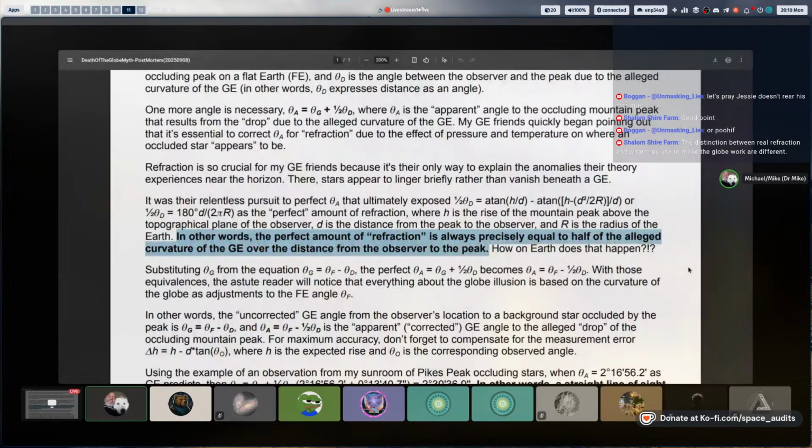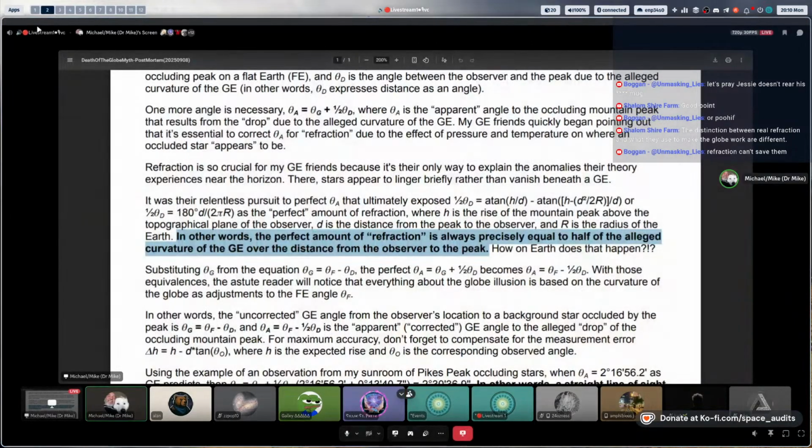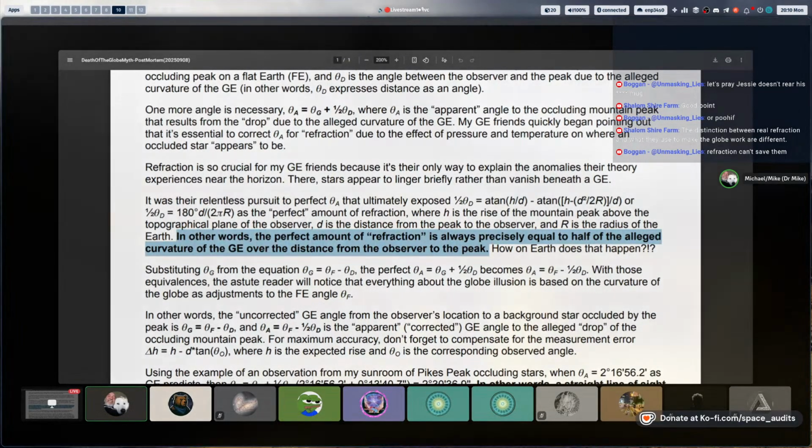If you've got your pressure and temperature and every other factor dialed in perfectly, so that the angle is spot on and agrees with a properly corrected terrestrial theodolite, so that they match perfectly, the amount of celestial refraction you have is exactly 1/2 the distance angle.